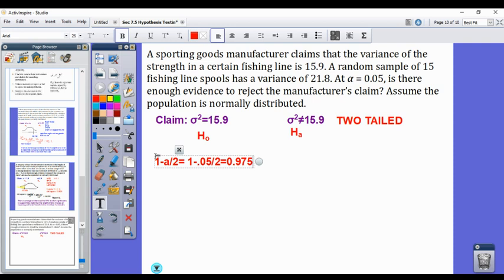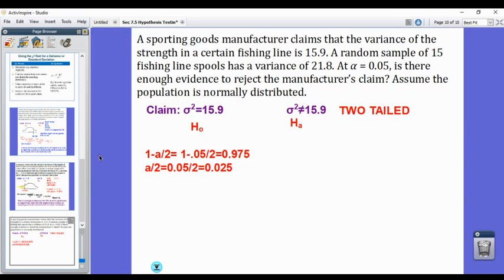And then we're also going to do alpha divided by 2, which is 0.05 divided by 2, 0.025. Okay, so we're going to get two chi-squared values from that. We are going to get 5.629 and 26.119.